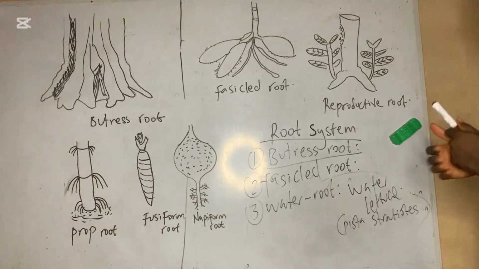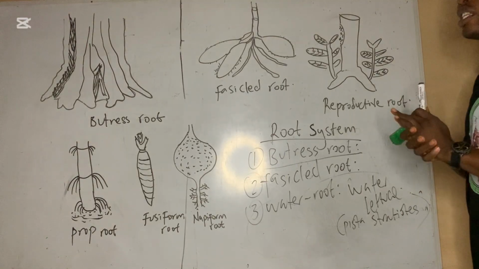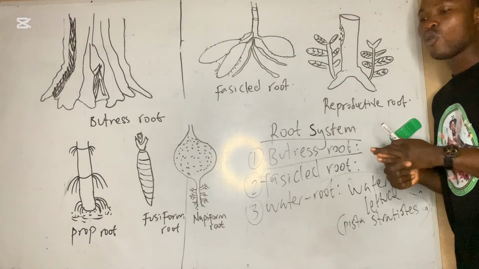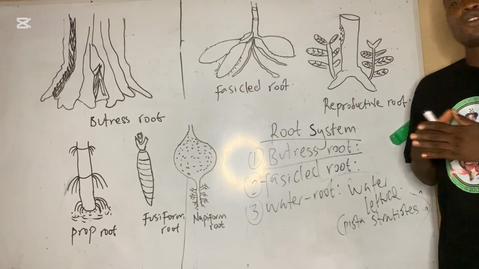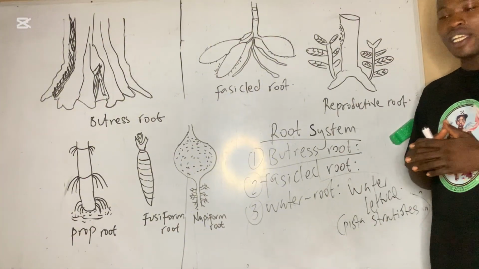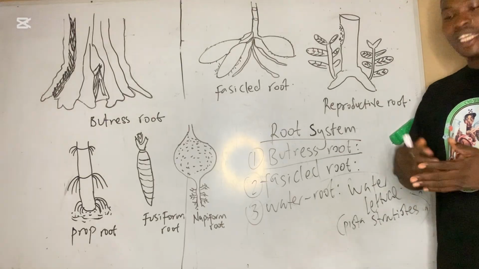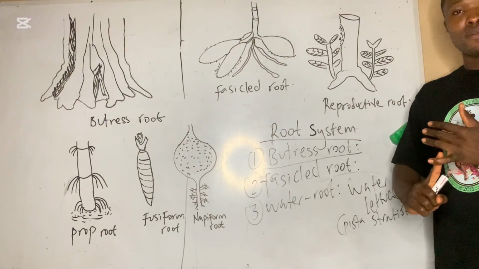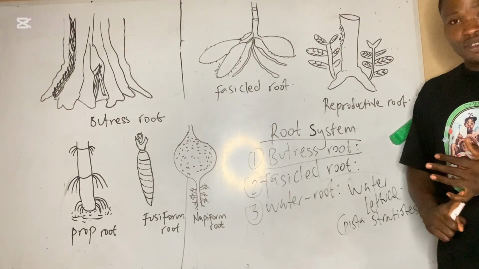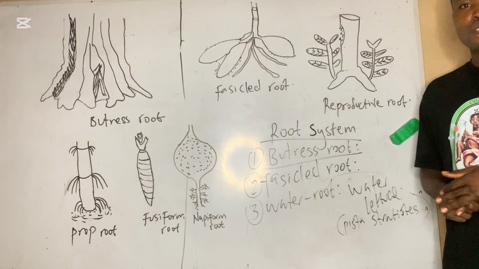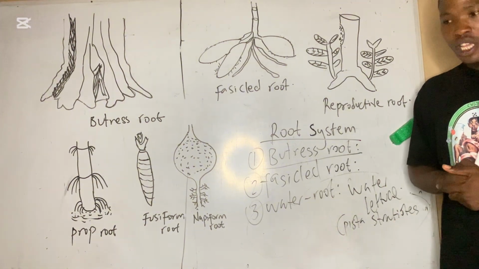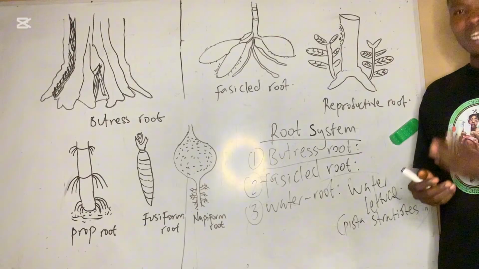I think I'll show you. This is a type of root that does not require any soil for anchorage. Instead, it grows on water and gets water and minerals from the water. So it does not require any substrate for anchorage. Such a root is a water root or an aquatic root.